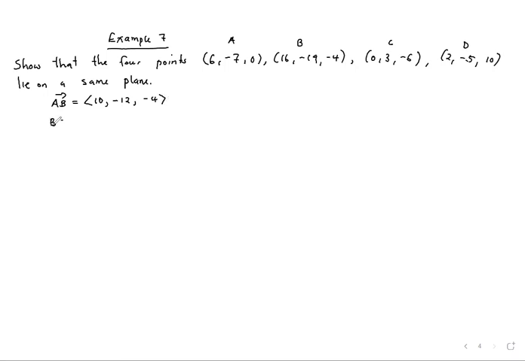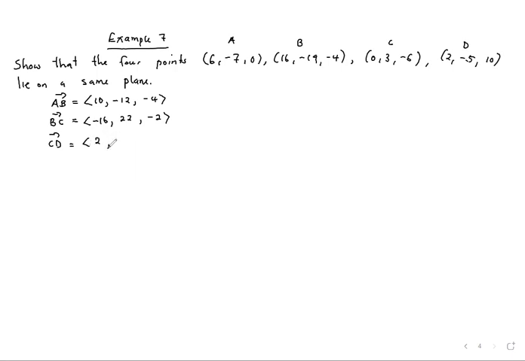Then we need BC. So BC: 0 minus 16, get minus 16. 3 minus 19, we get negative 22... 22. Negative 3 minus 4... negative 2. Then CD is giving us 2 minus 0, that's 2.